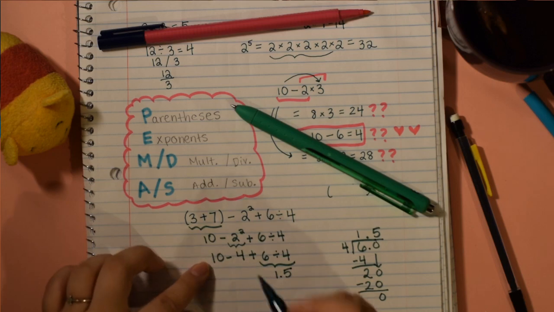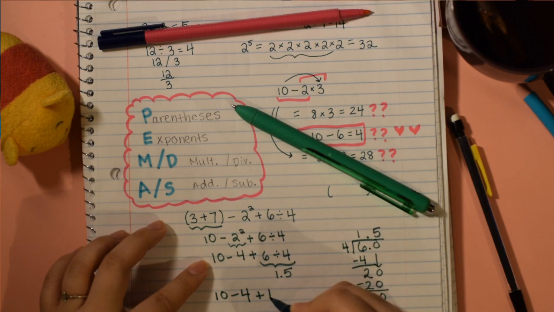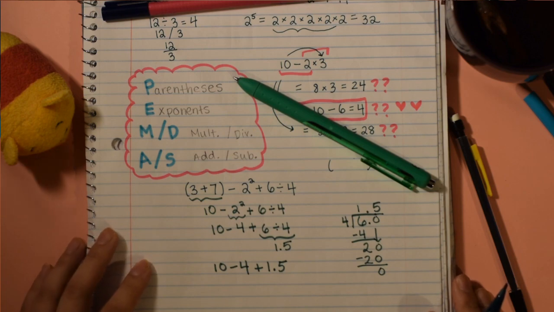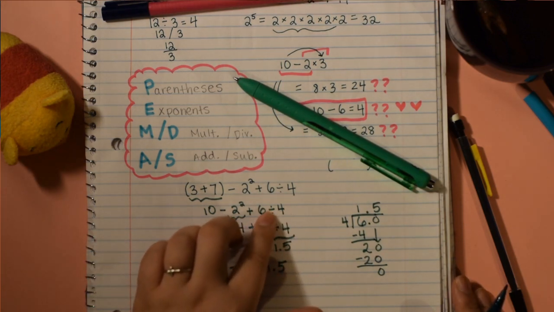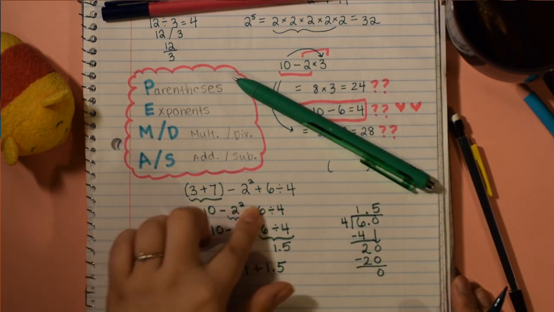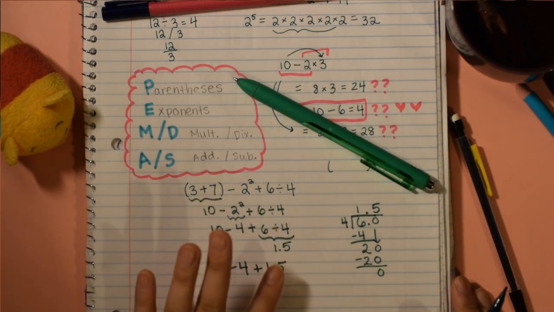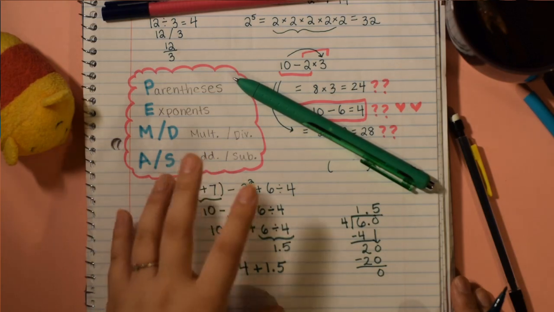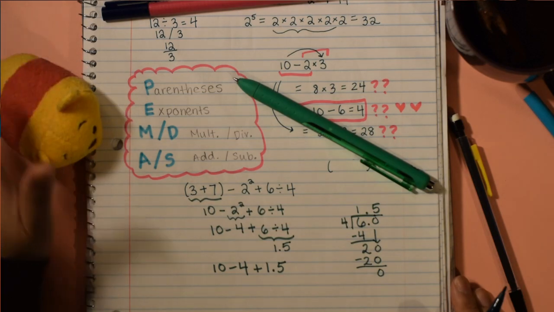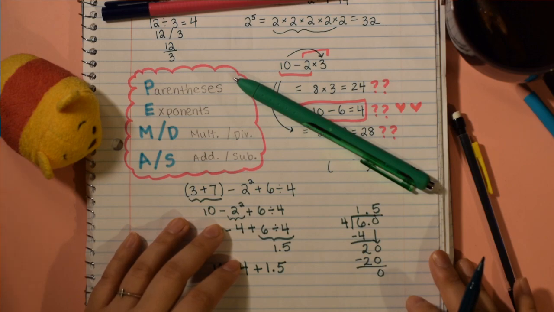That's okay. So we have 10 minus 4 plus 1.5. And I did just kind of want to throw in a decimal there, just to emphasize that sometimes the numbers don't always work out pretty. Sometimes you'll get decimals, and we can generalize for situations like for exponents, when you have square roots, for instance, that's actually a special case for exponents.